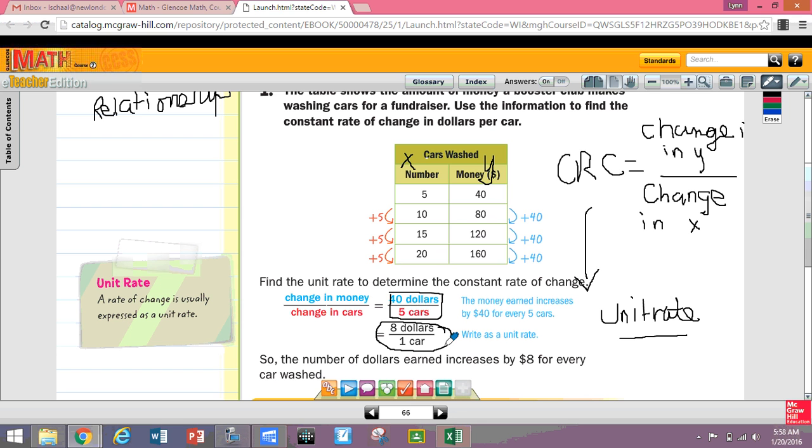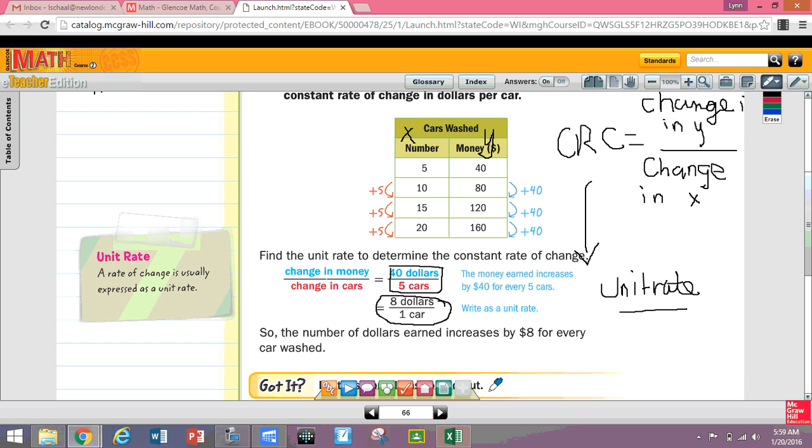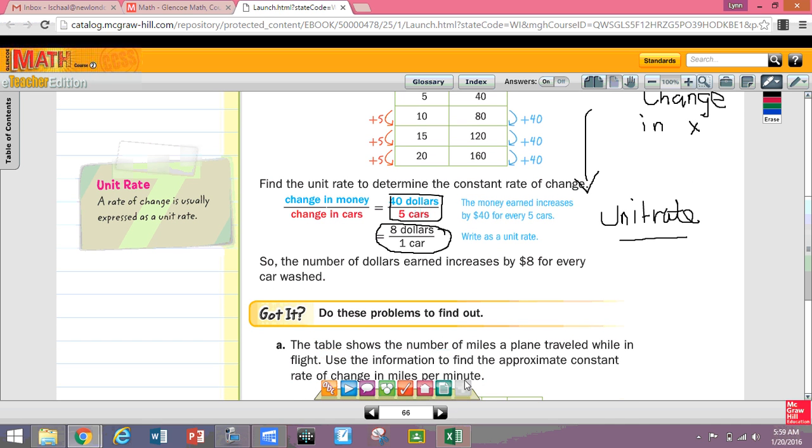It doesn't have to be a unit rate unless I specifically ask you for a unit rate. That's just going to make it easier for you later, okay? No mixed numbers, no decimals when you're doing a constant rate of change.